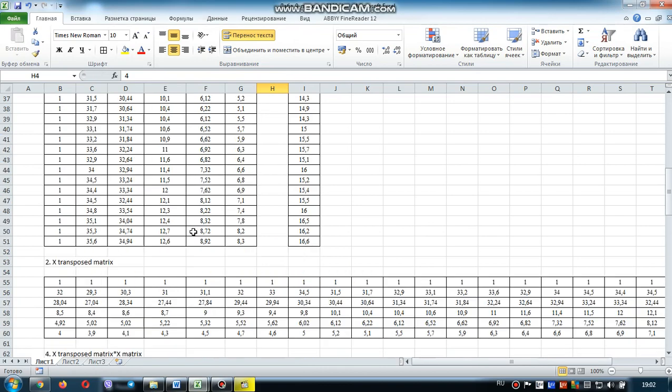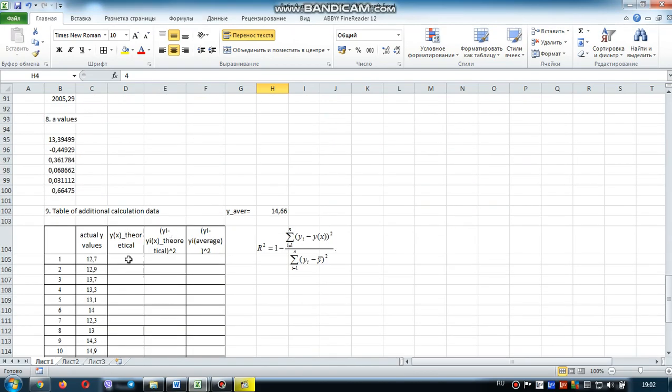Okay, so let's try to calculate the first theoretical value one more time, because last time I also made a mistake and I correct this mistake now. We begin from the first value of a. This is empty.